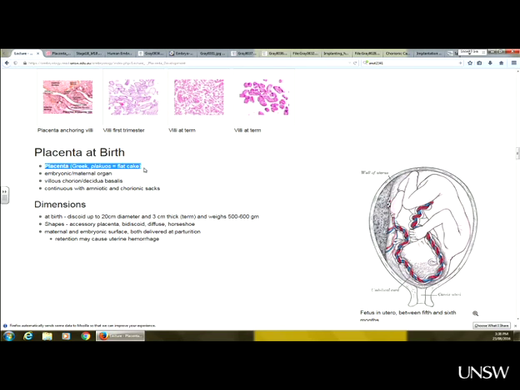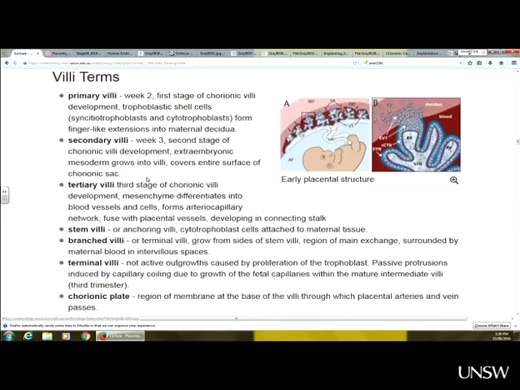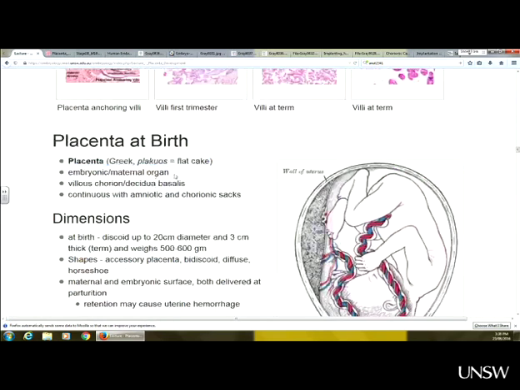It consists of both embryonic and maternal components, and is made up by the villus chorion on the embryonic side and the decidua basalis on the maternal side. These two elements come together to form the placenta.